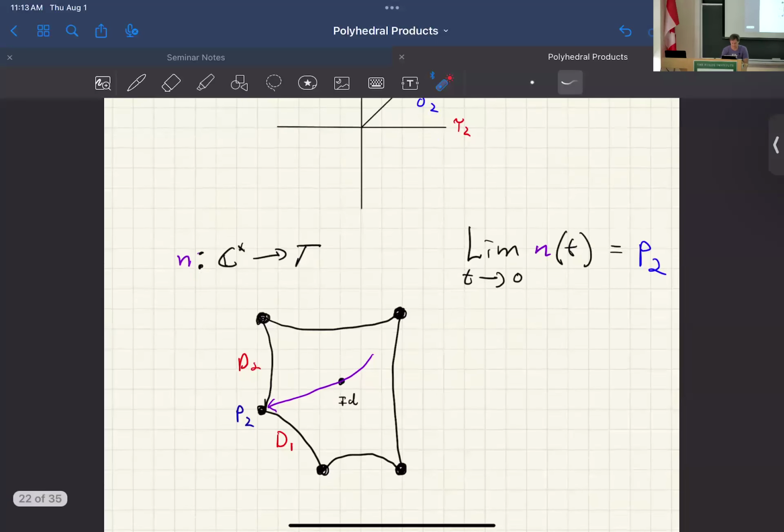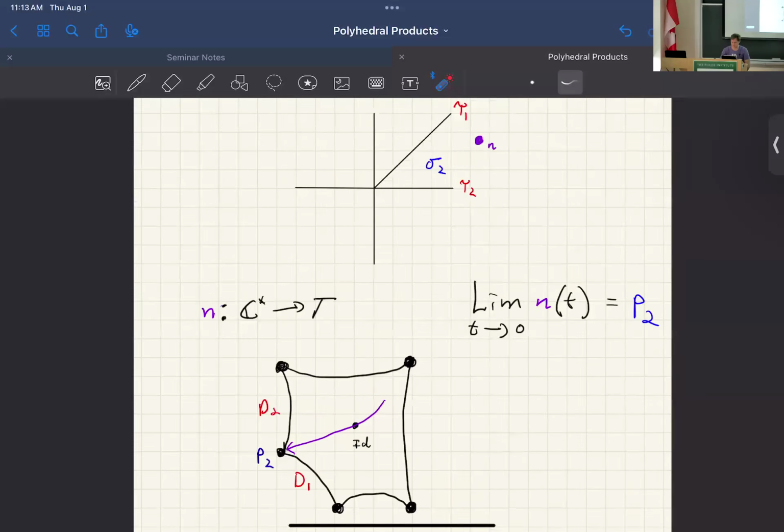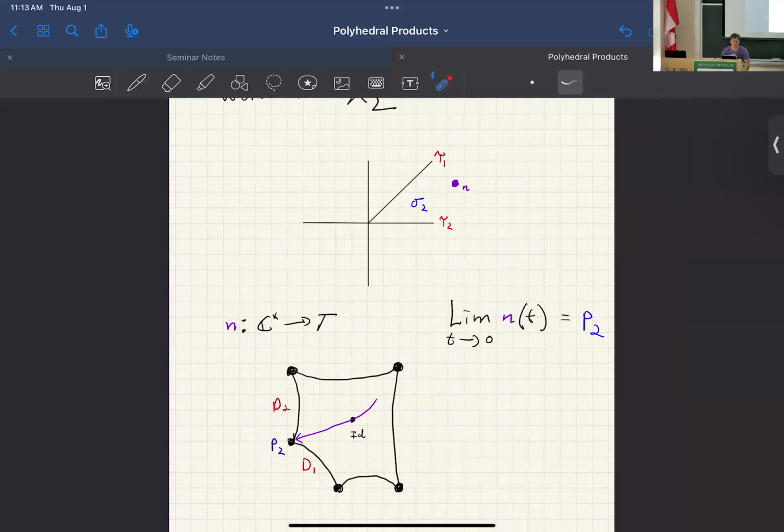This is a co-character, so it is a one parameter curve inside my torus. I take its limit, and I know that because I picked it from sigma 2, that limit falls into the fixed point. So this tells you that a randomly selected co-character's limit is in one of the fixed points, and you have to be a little bit more careful about how to get one that lands in a higher dimension boundary component. All right? But that's what I like about the fan. The fan is how you go to infinity.